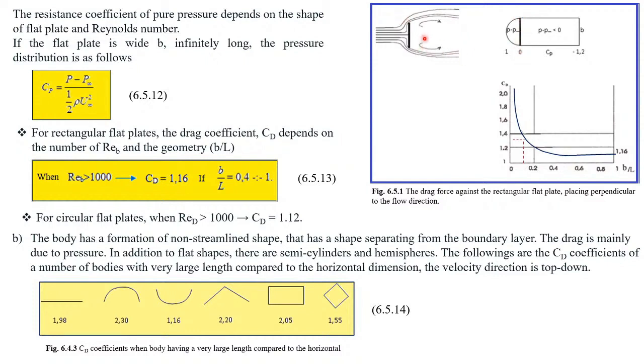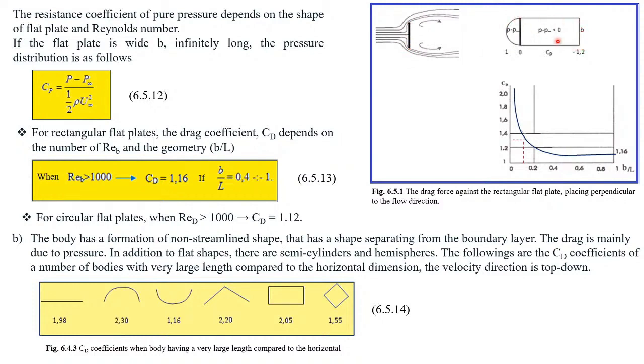And here we get the pressure at a negative value. So the distribution of the pressure at the backside of this plate is like this.